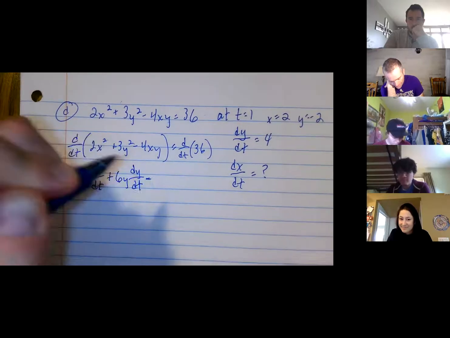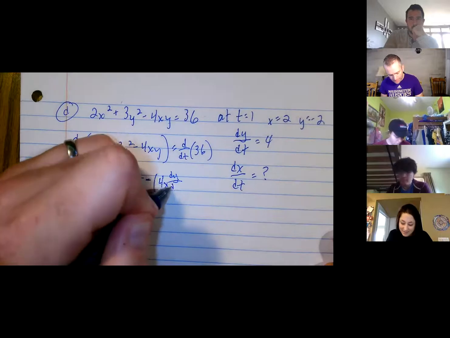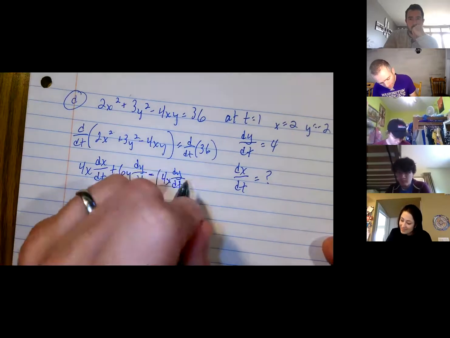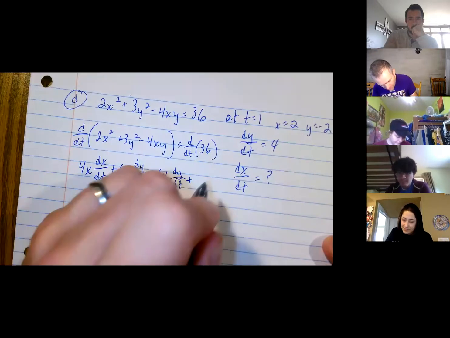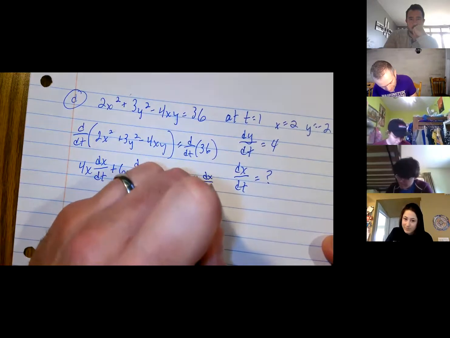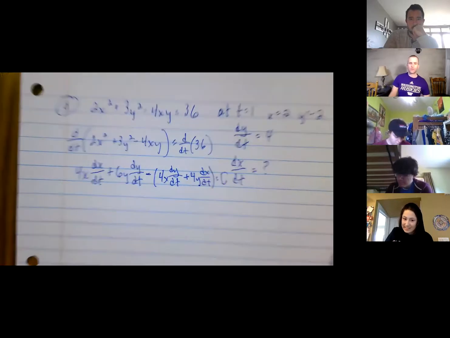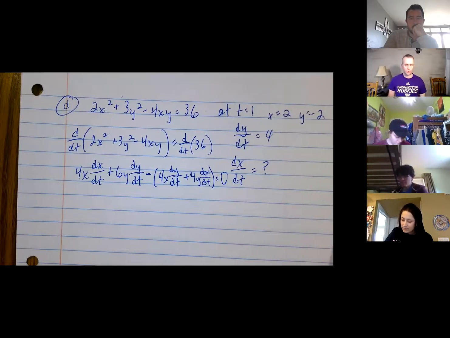And then minus, you're going to have 4x dy/dt, and then plus 4y dx/dt, and then equals 0. The derivative of 36, no matter what variable you're taking it with respect to, is 0.